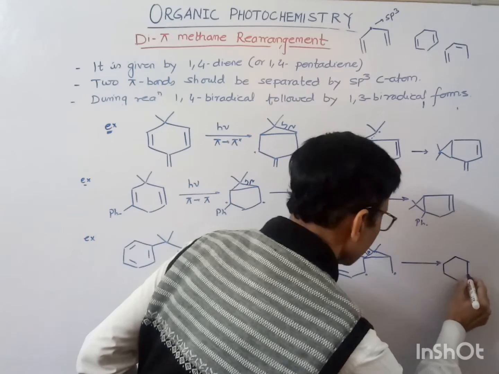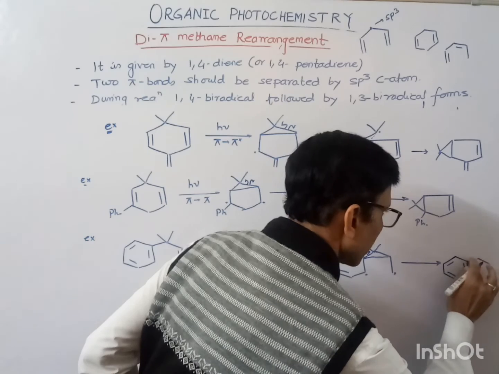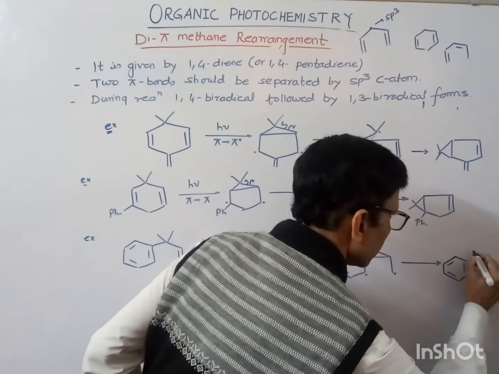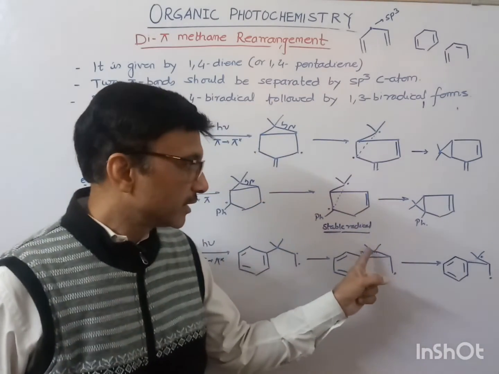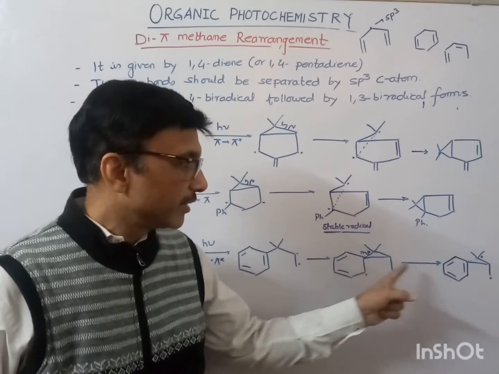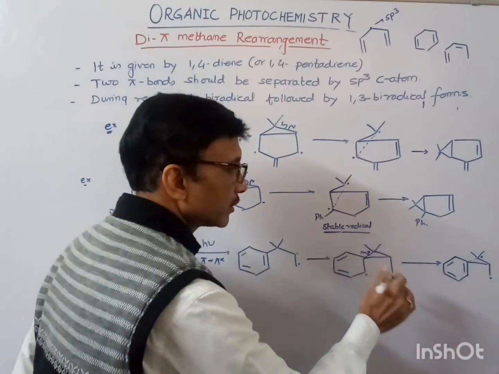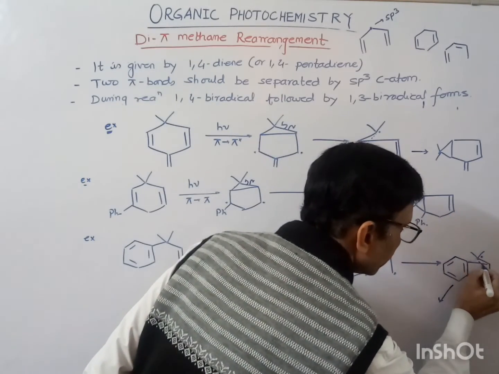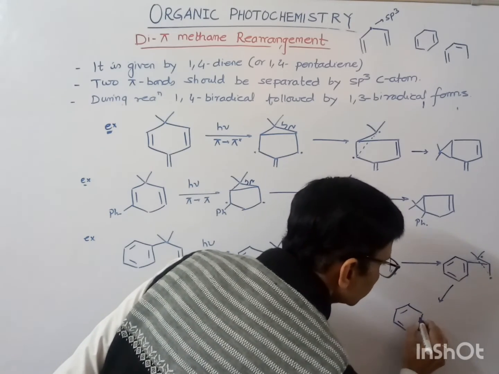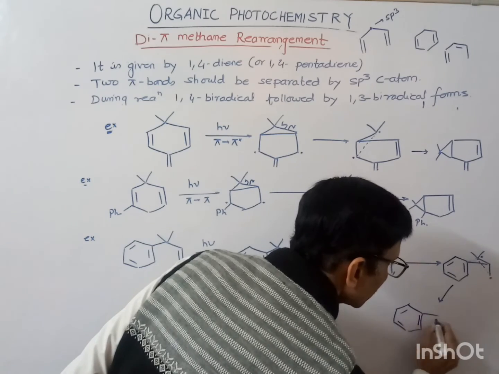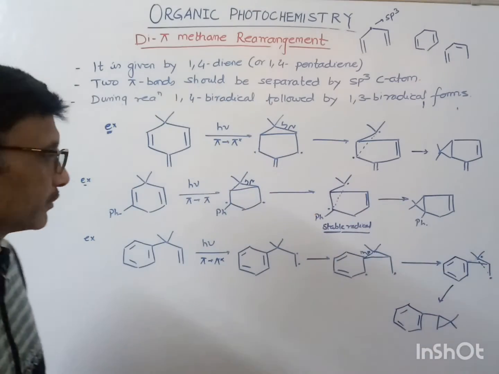So I have broken this bond, and we can regenerate this benzene ring, the aromaticity is regained, so this is the route that we should follow. Finally we may join this, and this is the final product that we may write.